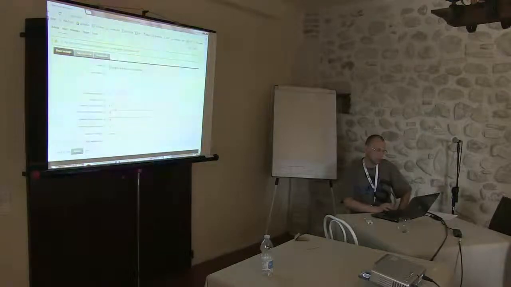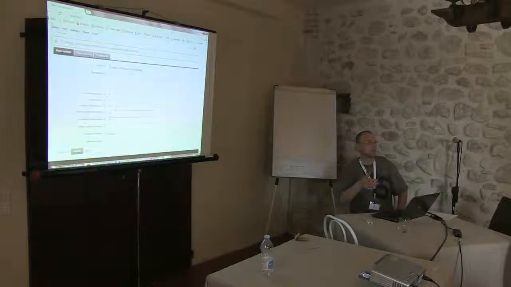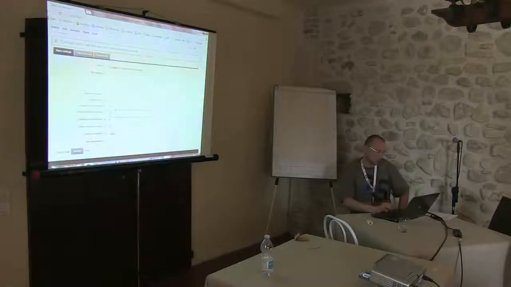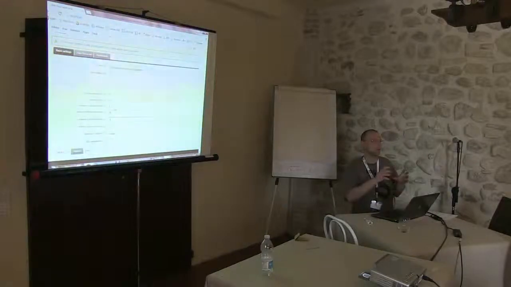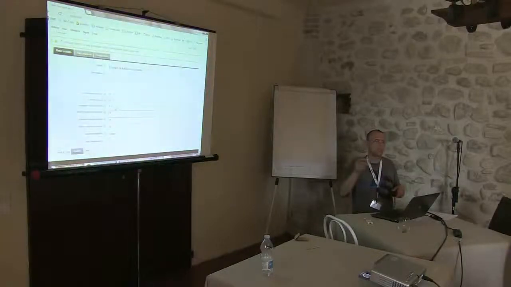Then we define the method for when we want to track a change of the control. Is it on blur? It's possible to track when the control loses focus. It's a very common situation that someone goes into a text box, checkbox or select list, selects something and goes away.